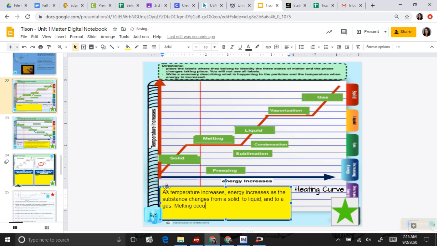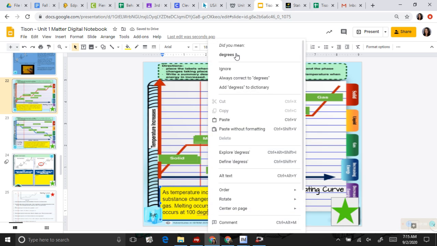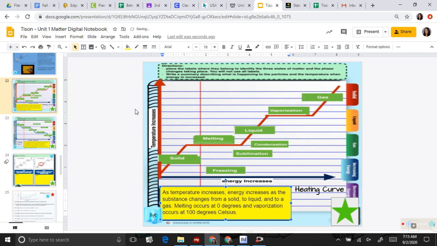Melting occurs at 0 degrees and vaporization occurs at 100 degrees Celsius. All right, so there we have it. That's what we're going to do today.